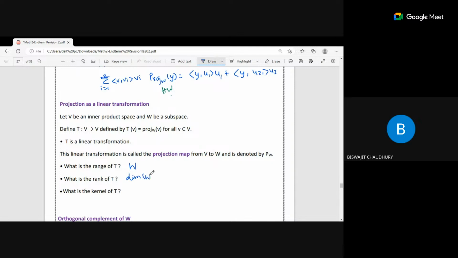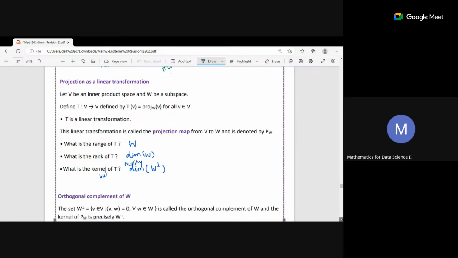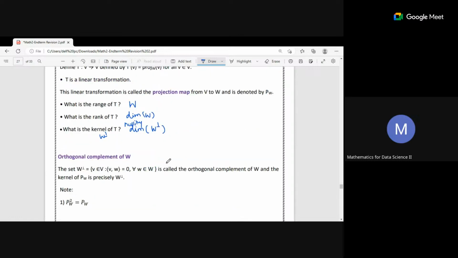Dimension of W. And what is the kernel? Kernel is simply W perp, which is nothing but the orthogonal complement, right? So the set of all V such that inner product V, W is equal to 0 for all elements in W.